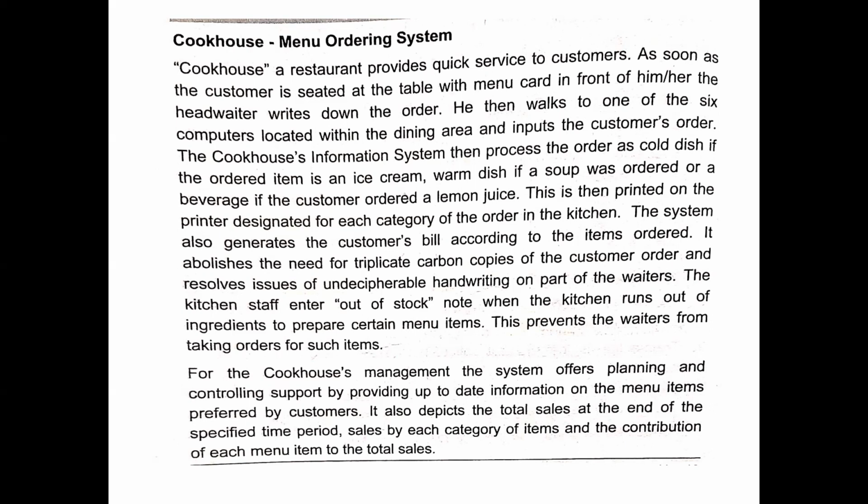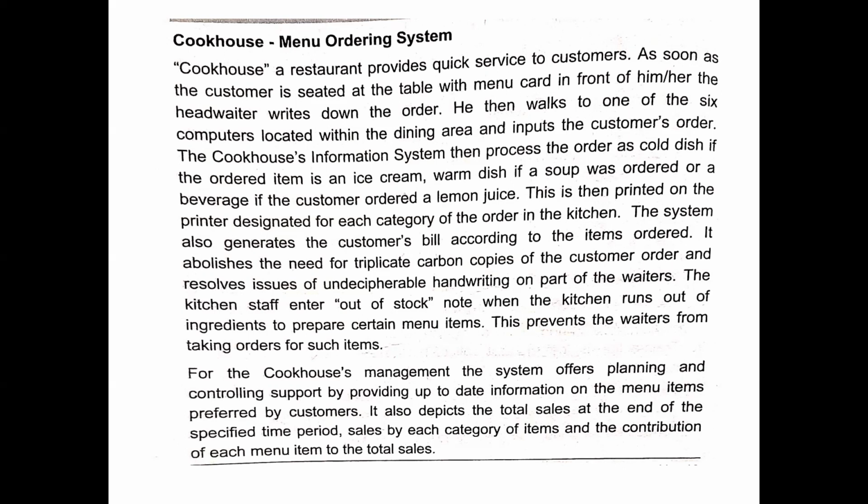So Cookhouse, a restaurant, provides quick services to the customers. As soon as the customer is seated at the table with the menu card in front of him or her, the head waiter writes down the order. He then walks to one of the 6 computers located within the dining area and inputs the order.